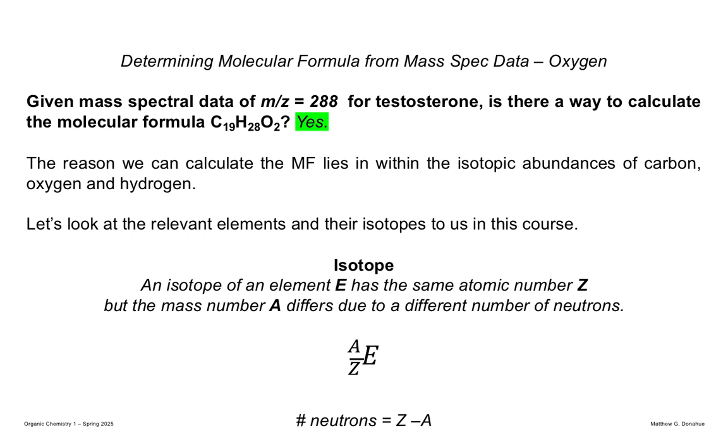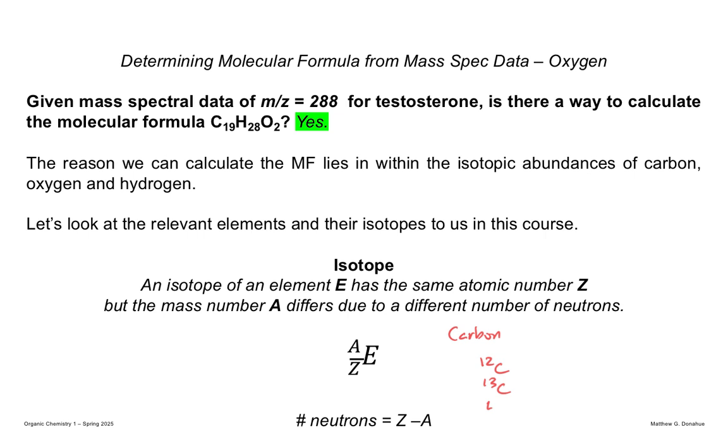So again, for carbon, the stable isotope of carbon is abbreviated like that. That's what we're all made of. And then we have a little bit of this next one, carbon-13.